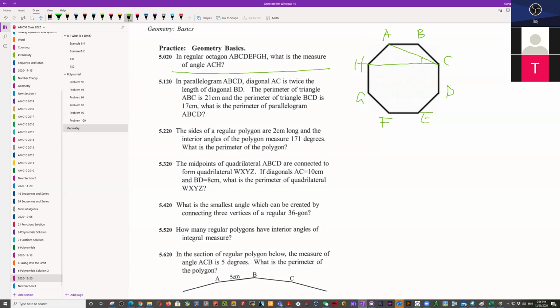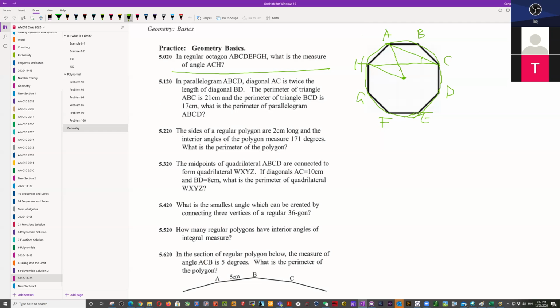For a regular octagon, you can draw a circumcircle on it, and then with the circle center, you can draw sectors like this.